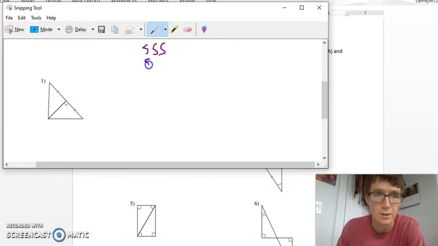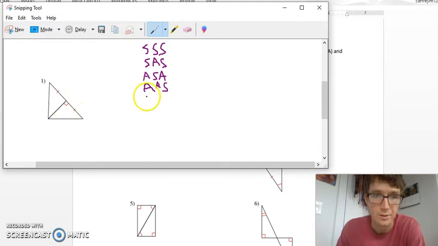We got SAS, side angle side. We got the opposite, ASA. And we got AAS, or SAA. The reverse is also true.